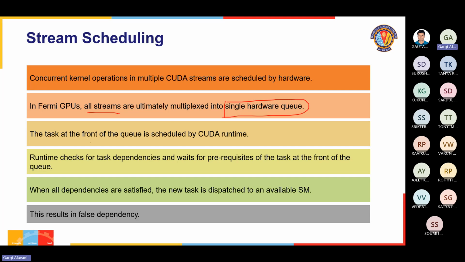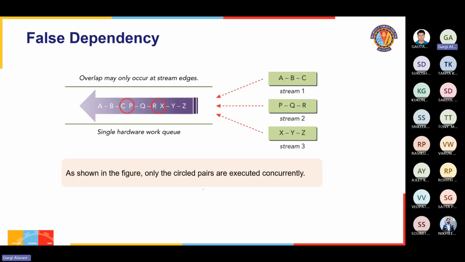The task at the front of the queue was scheduled by CUDA, and every time the runtime would check if there was any task dependency and wait for the prerequisite of the task to complete. When all dependencies were satisfied, the new task could be dispatched to a single available SM. And this led to false dependency. We'll see in the next figure, and I hope that will clarify what false dependency I'm talking about.